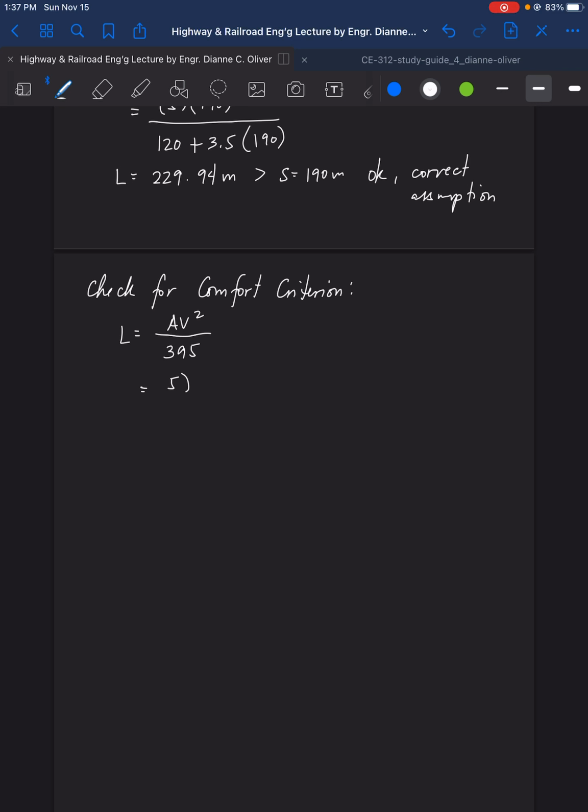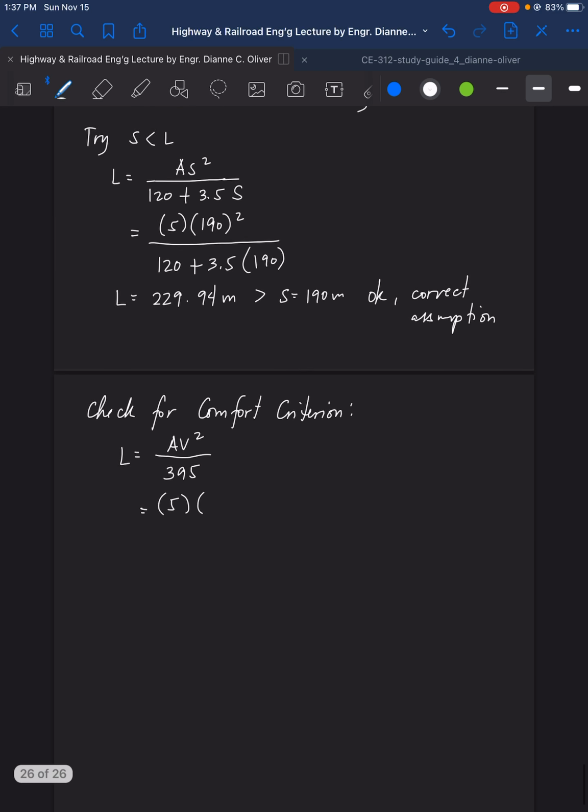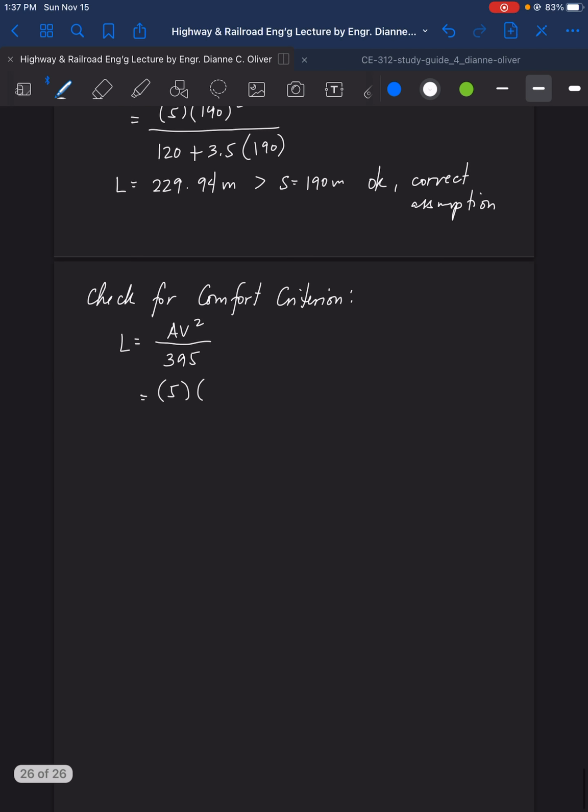A is 5, design speed is 100, divided by 395. So L now is equal to 126.58 meters.